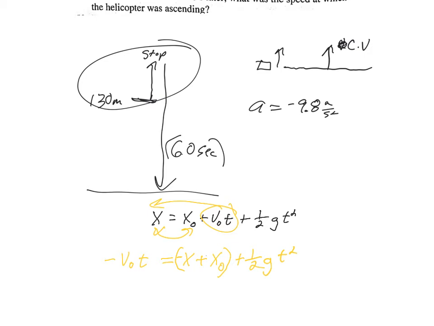Sorry, forgot to turn that on. And then I'm going to go through and multiply everything by -1. So this turns into x minus, and then this is minus 1/2 g t squared.